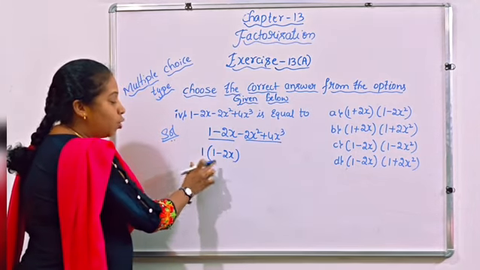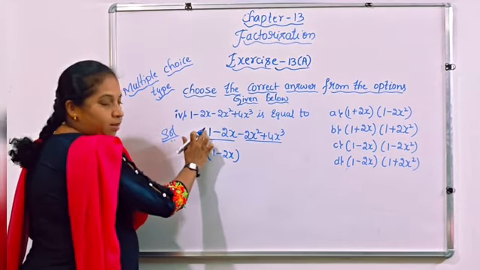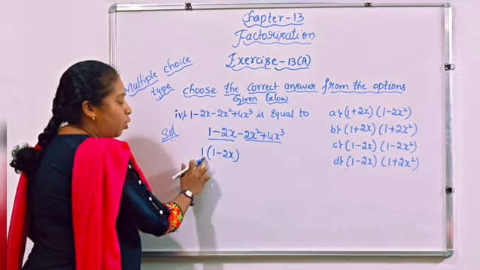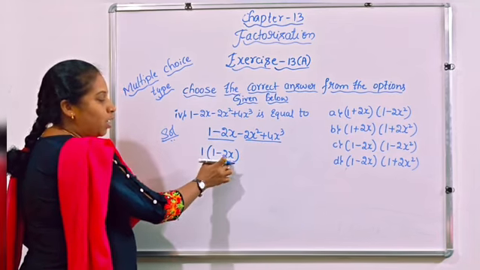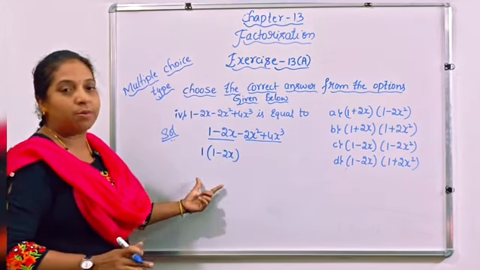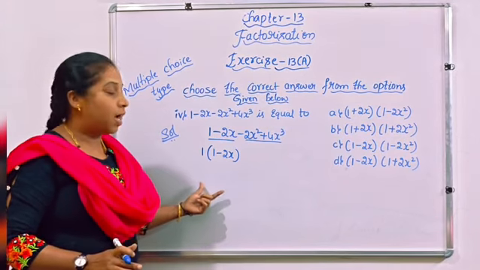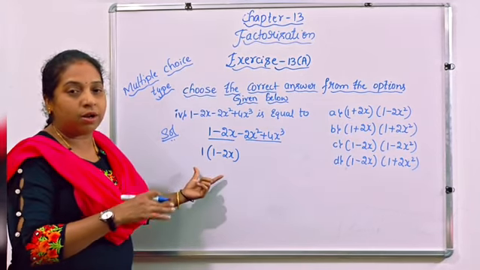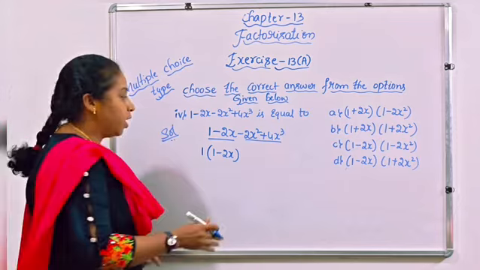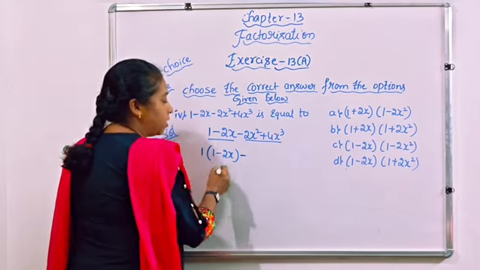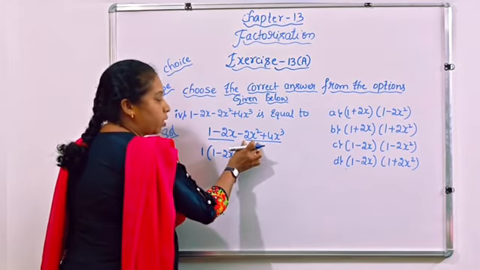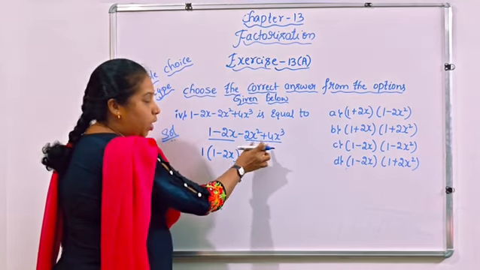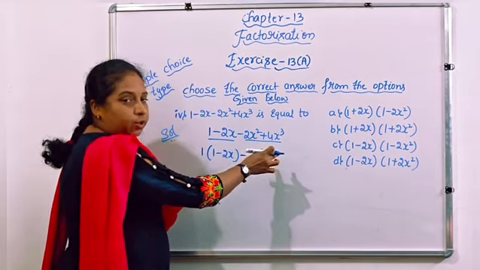As it is, it will come, because 1 into 1 is 1, minus 1 into 2 is 2, 1 into x is x. As it is, it will come if you multiply by 1. Now here, minus. What will be the common here? 2x square plus 4x cube.